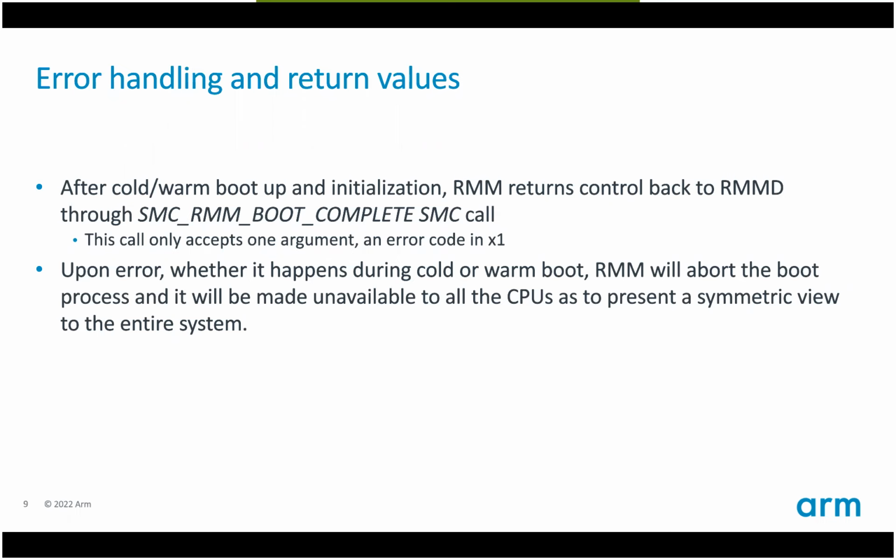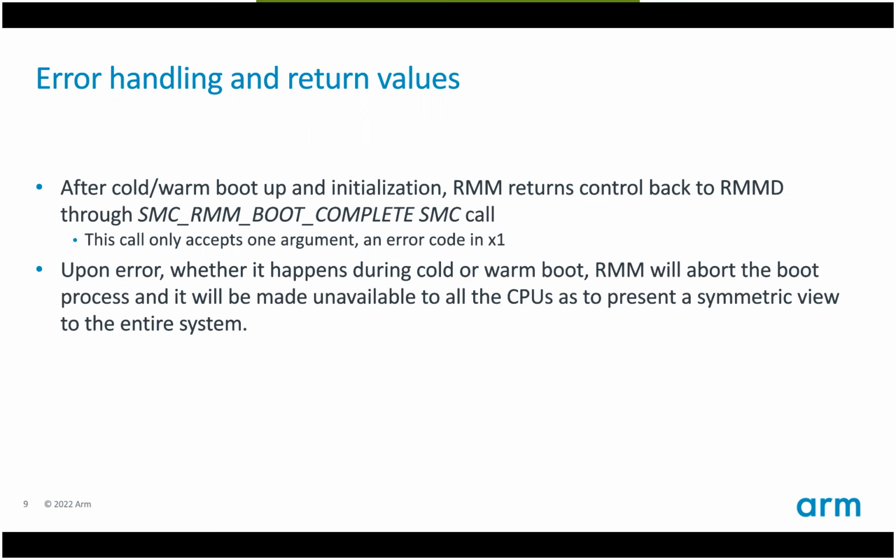So if there were an error on RMM during boot up in any of the PEs during cold or warm boot, RMM will stop executing immediately, return back to EL3 firmware, and report the error. Then EL3 firmware will treat RMM as not existing. So any SMC that needs to be routed to RMM will be treated as an unknown SMC.